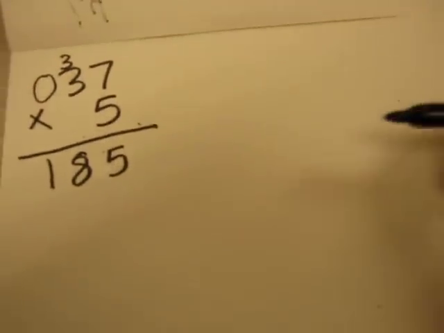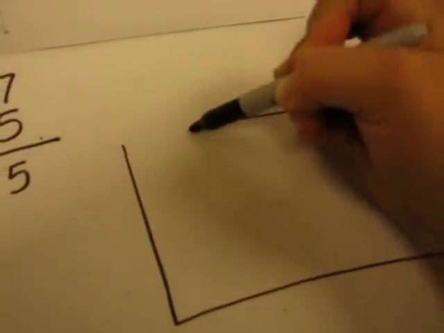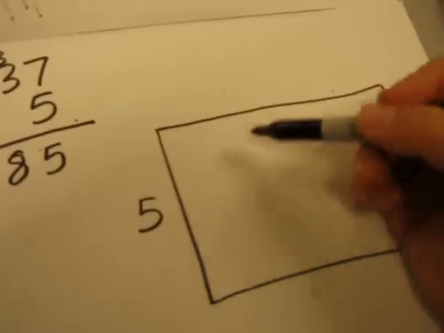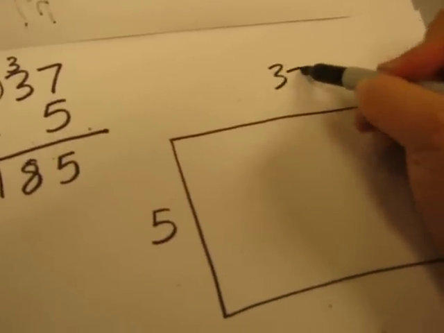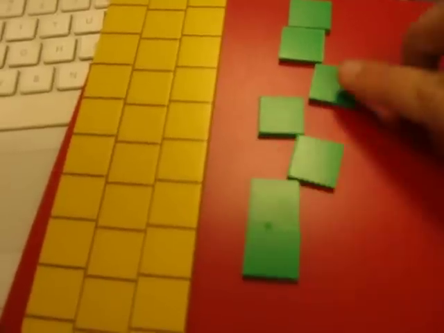I'll go ahead and use the area model to solve 37 times 5. And 5 from my shorter side, and 37 from my longer side. I know the number 37 is comprised of 3 tens and 7 ones, so all I have to do to make it a little bit more simple is break that apart.